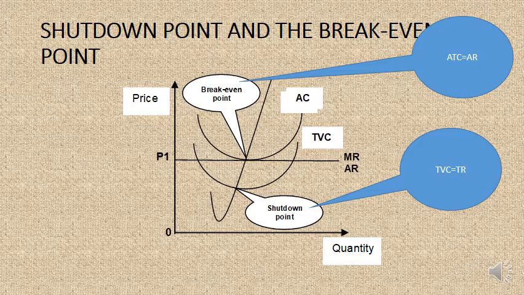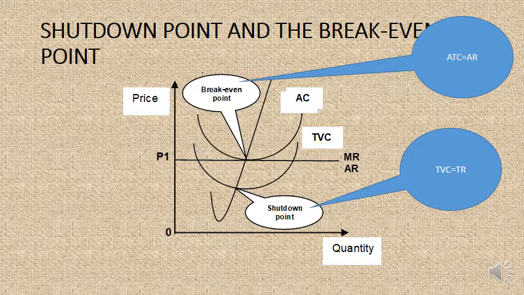Your shutdown point is exactly what it says. The business should then shut down. They cannot continue operating, and this is at a point where the business cannot even cover its variable costs. So at this point you're going to have to look at the variable costs. They would have to give you extra information, or an extra cost curve.